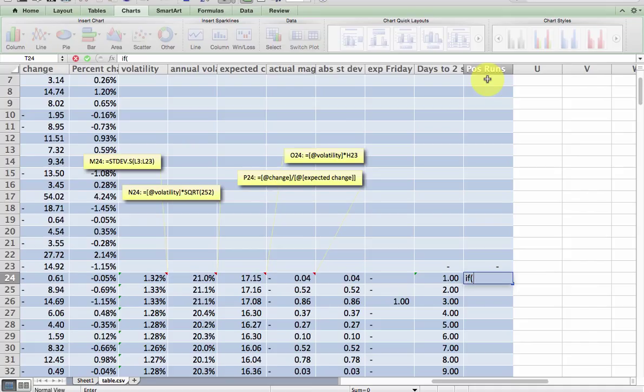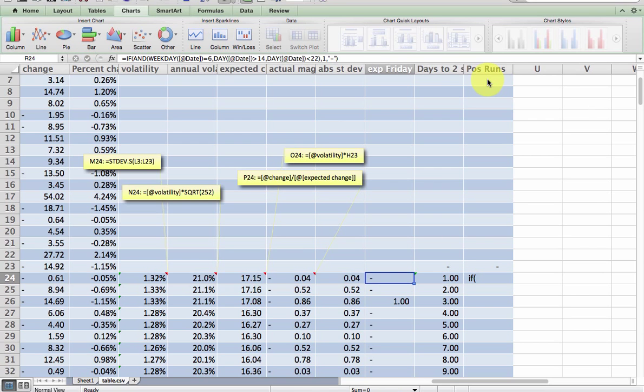The first thing we want to do is look at whether or not the change is positive. So I want the actual change here in dollars. Oops, I have to start with an equal sign, of course.